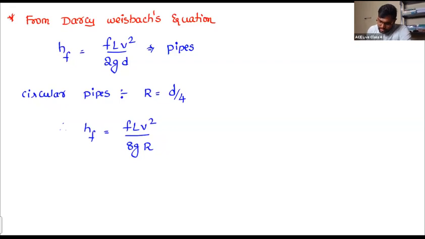Which means you can observe here that hf is inversely proportional to R. What is our hydraulic radius?